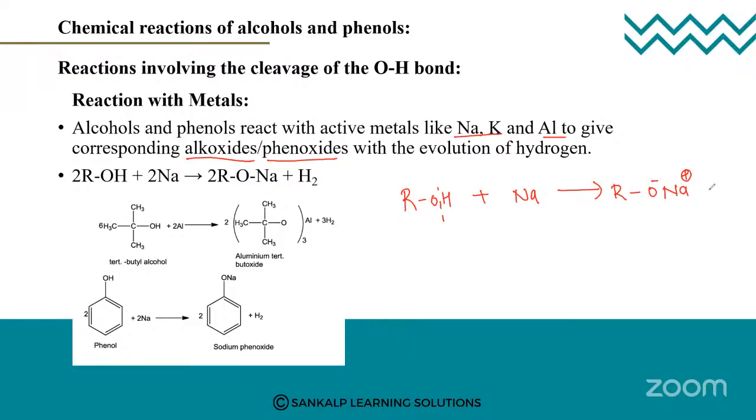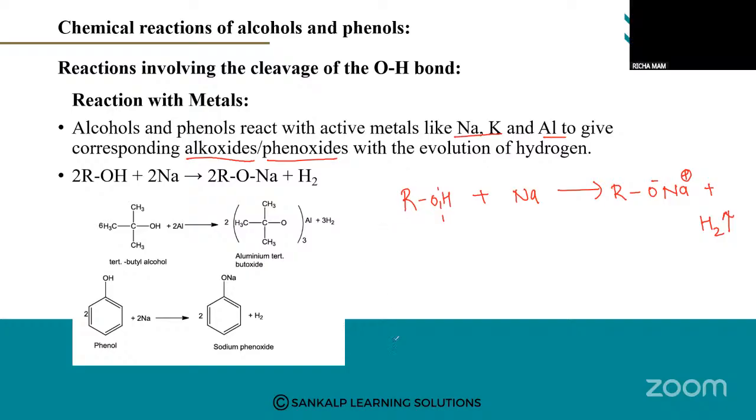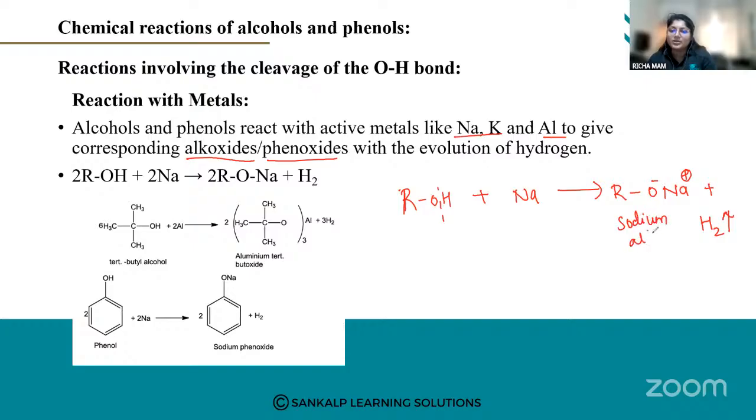So I get a sodium alkoxide, plus hydrogen gas will be liberated. So this is the reaction with metals. Understood? This is for the alkoxide. When alcohols react, they form alkoxide, so what is formed is a sodium alkoxide.